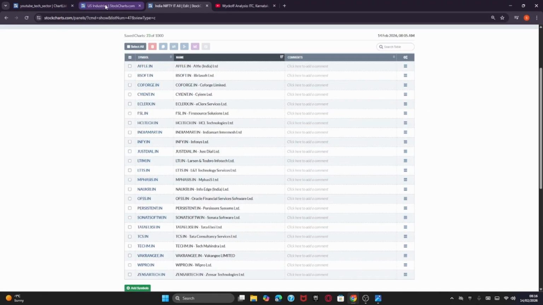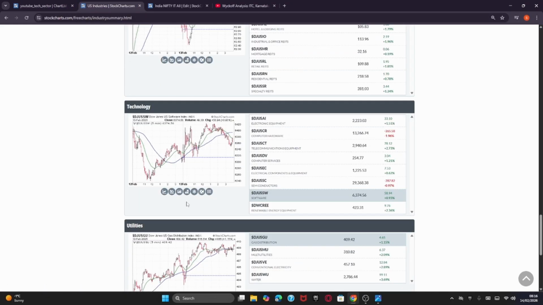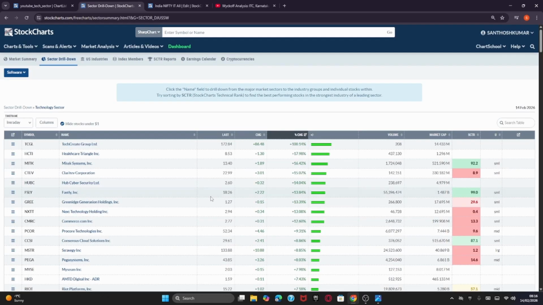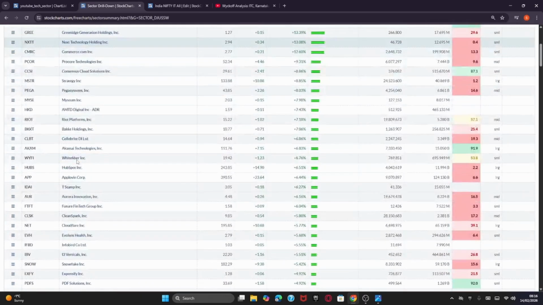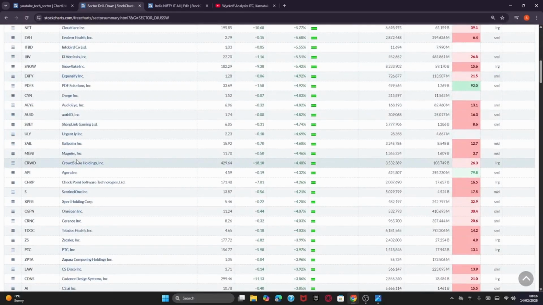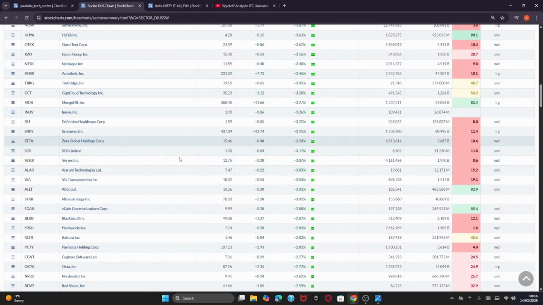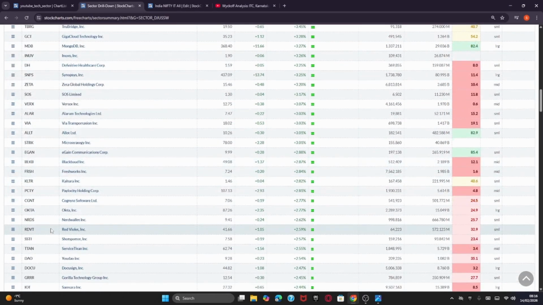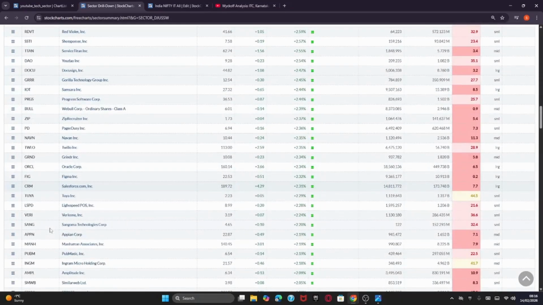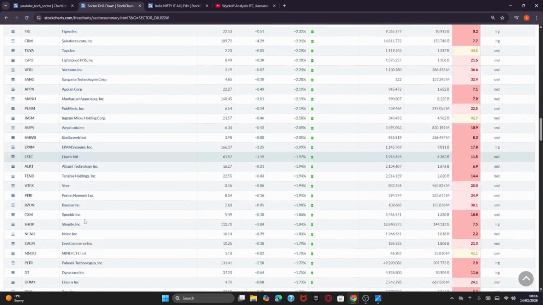Similarly, for US industries, I have taken the Dow Jones US Software index, which comprises the list of US software stocks listed over here. You can see famous names like Zeta, a lot of software companies which are listed in the US market.